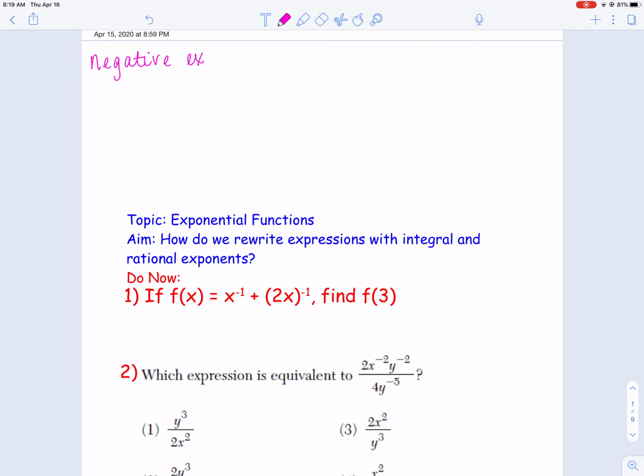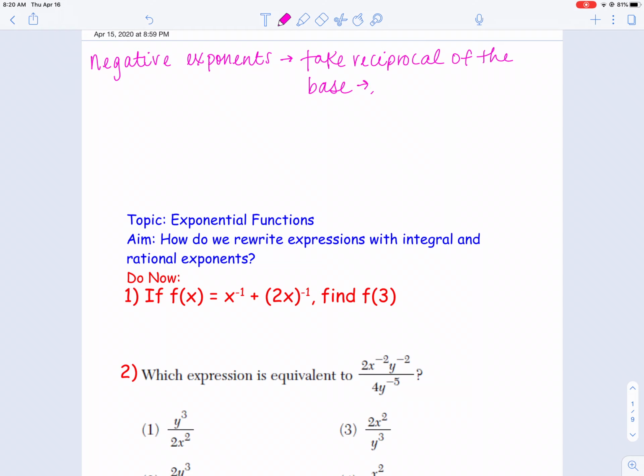First thing I want to talk to you about are negative exponents. Make little notes for yourself that when you see a negative exponent, all you're doing is taking the reciprocal of the base. What does that do?